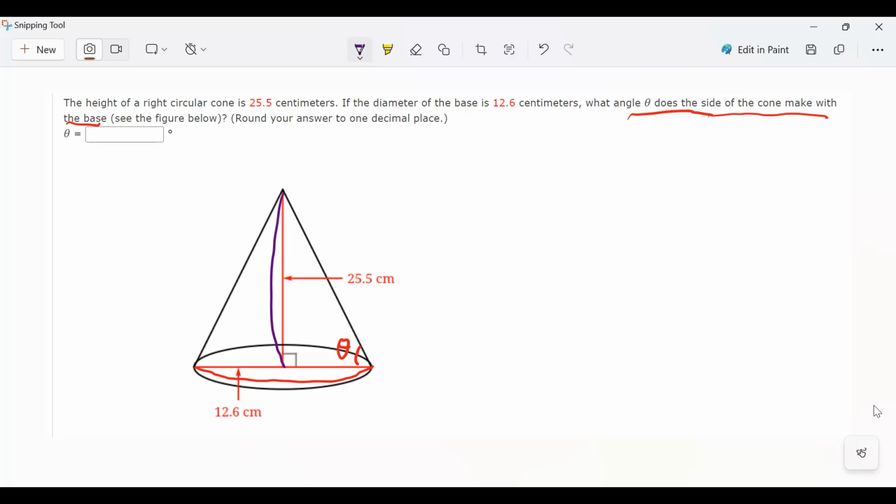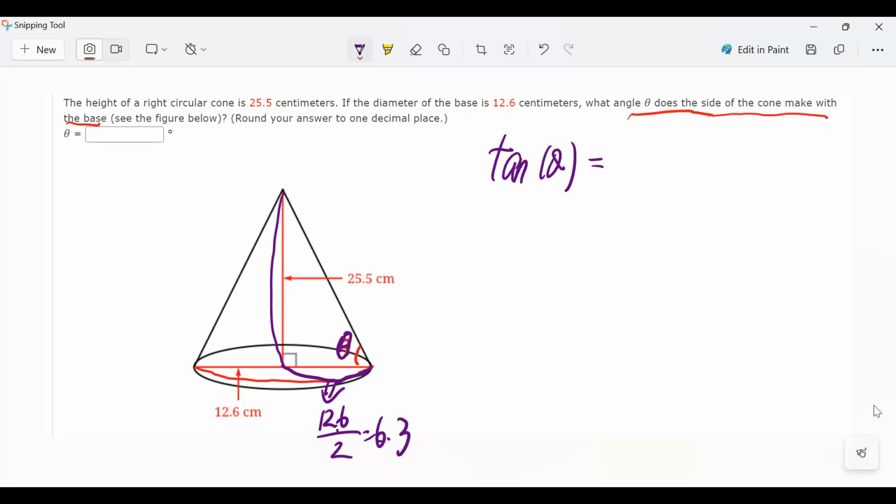Okay, let's go over the solution here. So we're looking for this angle theta right here. We know the height, which is 25.5 centimeters, and we also know half of the diameter, which is the radius here. The radius is going to be 12.6 divided by 2, which is 6.3. Based on these two, we can create a tangent of theta.